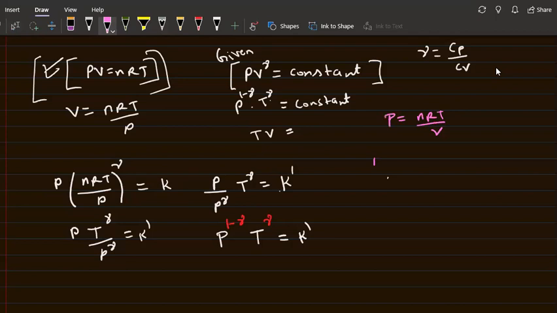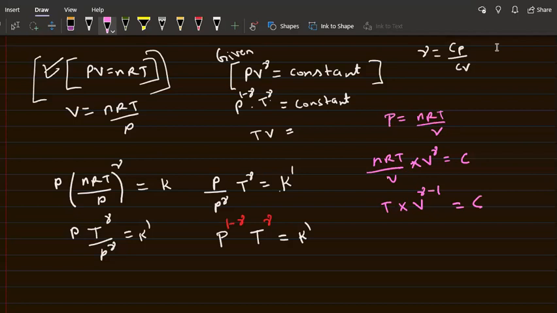So nRT by V into V to the power gamma is equal to constant. Now nR is also constant. So if we go this side, P into V to the power gamma minus 1 is equal to constant. As simple as that.